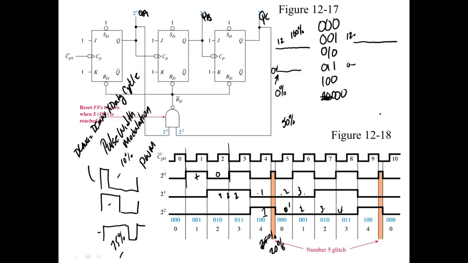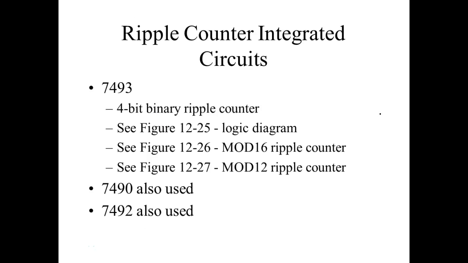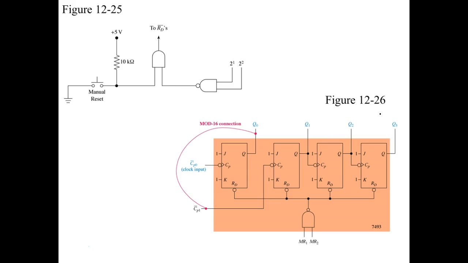If I took a divide by 10 and fed it into a divide by 6, then I would get a divide by 60. They don't show it here. It's in the lab.